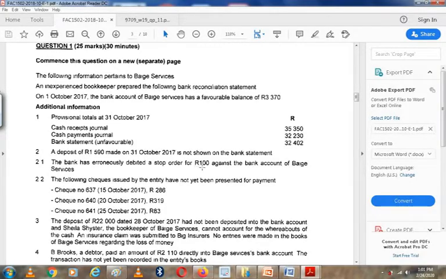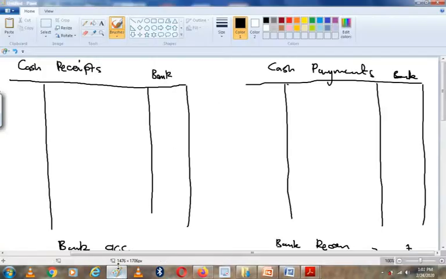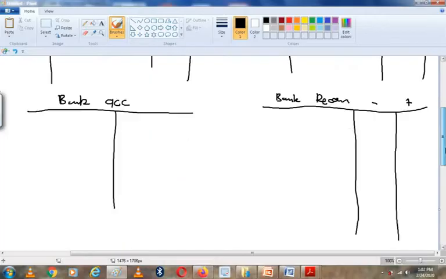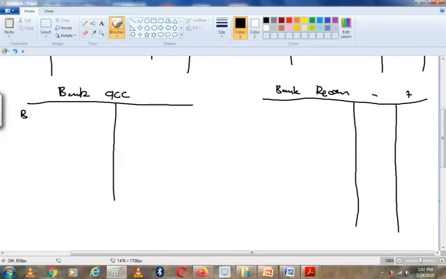Alright, so that's the balance for the bank account. So you come to the bank account, which we have here, balance brought down. Remember, the bank account is an asset account, so assets increase on the debit. So an opening favorable balance should be on the debit. If it's unfavorable, of course it goes on the credit side.